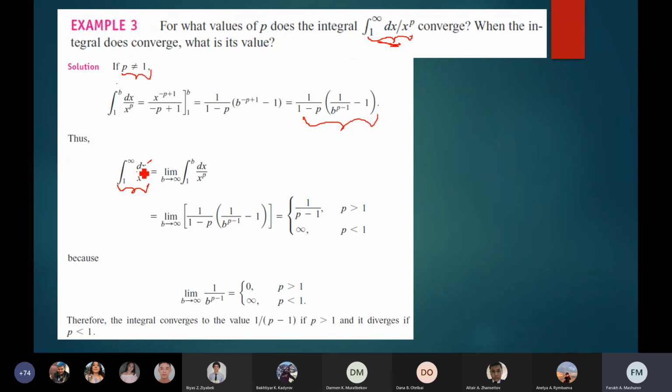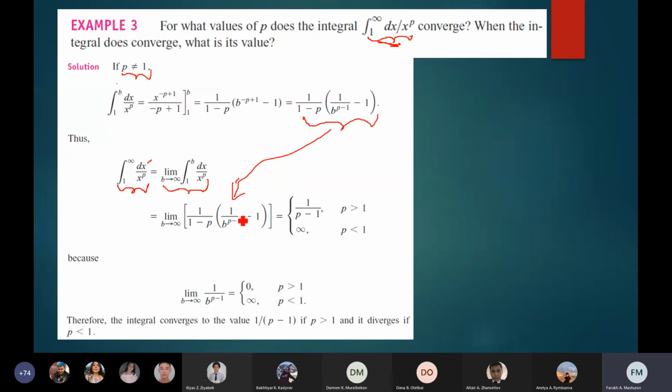So here we have 1 over x to the power p, and by the definition of an improper integral, we write the limit as b approaches infinity of the integral from 1 up to b of dx over x to the power p, and we know the integral of this object, and we put it here, and then we just find the limit.